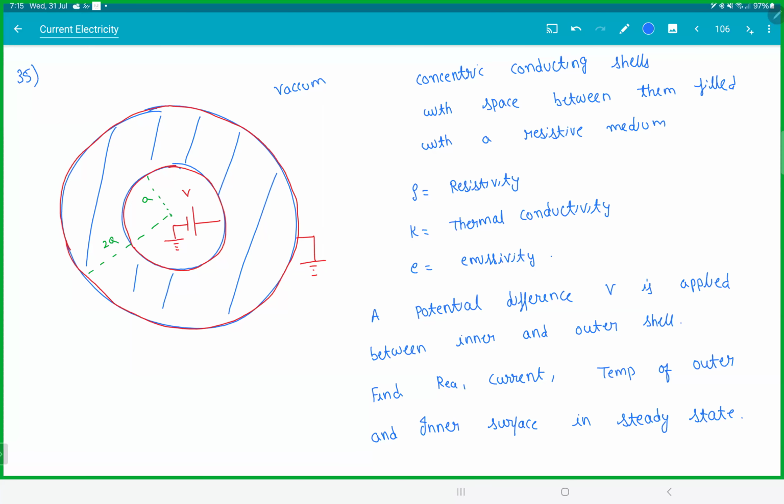Others, do keep your cams on. First, find the first two parts. Those are easy. R equivalent and current.